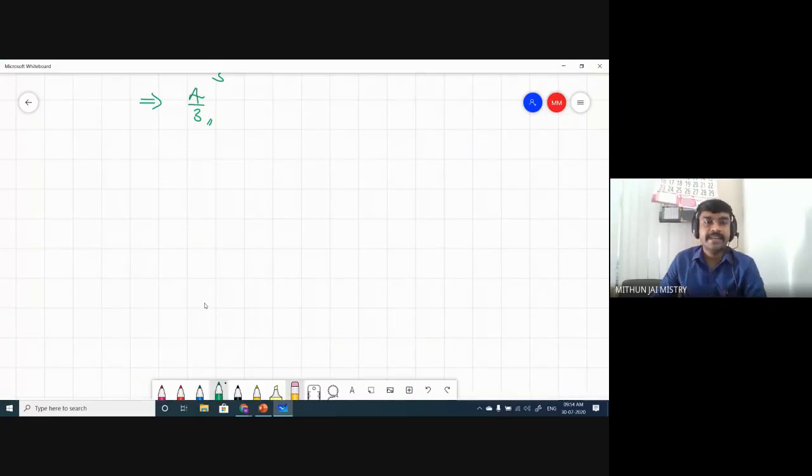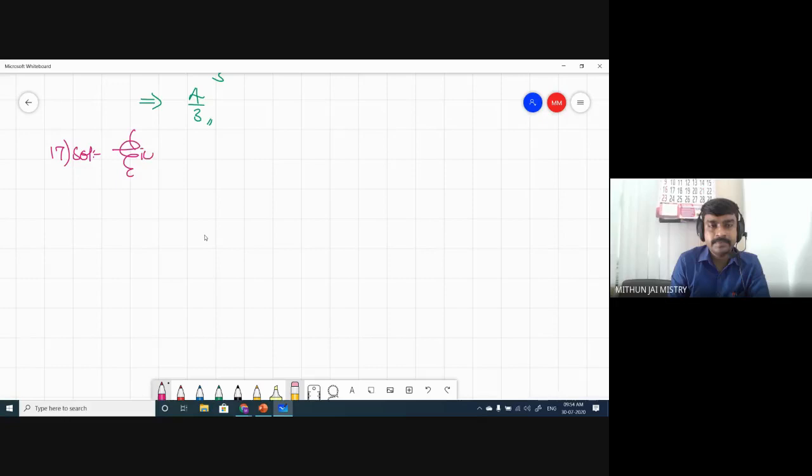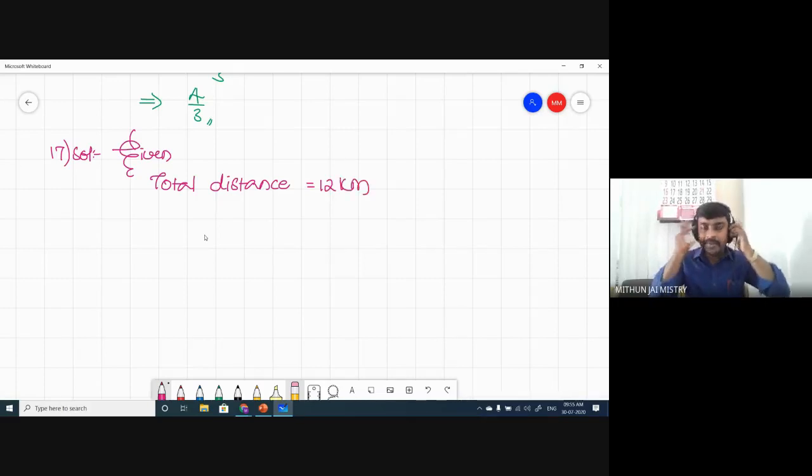Let me write here 17th solution. Given: total distance is equal to 12 kilometers. Sujit has to travel 12 kilometers. But in that 12 kilometers, 1/3 he traveled already.